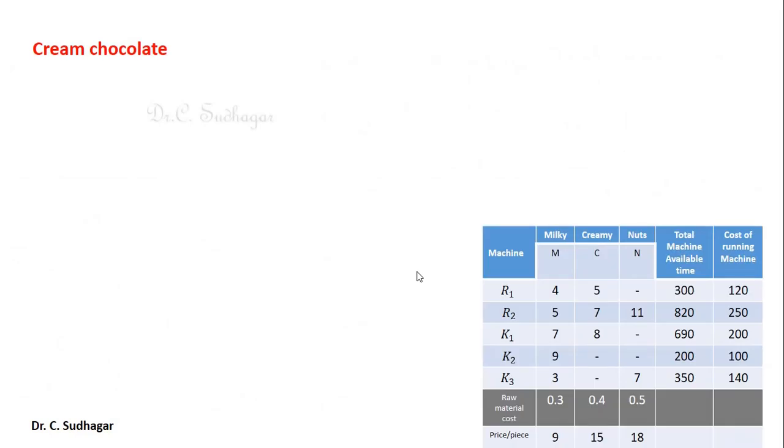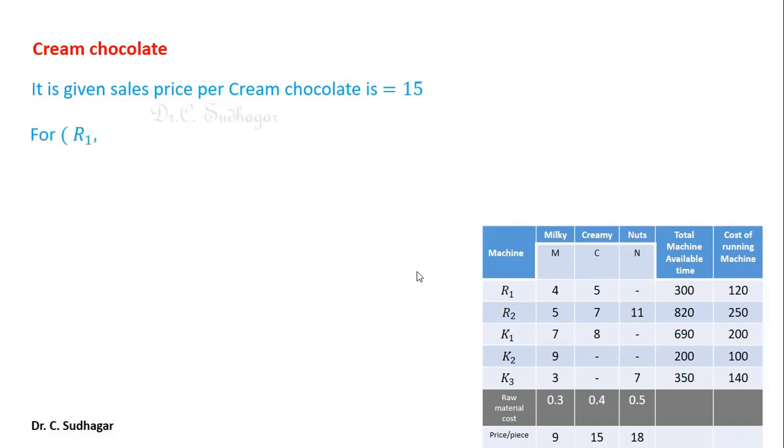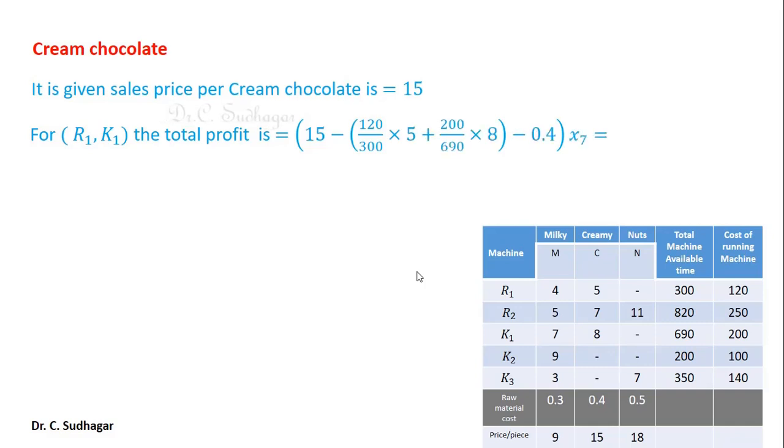Now let us calculate for creamy chocolates. The creamy chocolate calculation is also equal to 10.281 x7. What we have done is we changed the raw material cost. The raw material cost is coming 0.4, and we changed the selling price to 15.